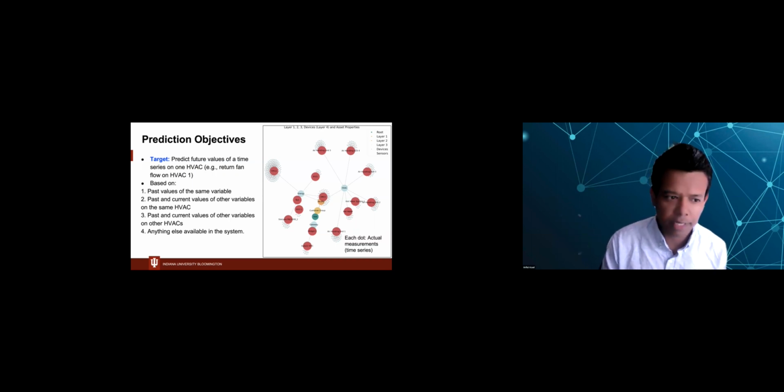And we're predicting this based on past values of the same time series, past and current values of other time series, other variables in the same HVAC or same device, and also past and current values of other time series on other HVACs, other units in different parts of the system. So just to repeat what I said, we are predicting future values of a given time series based on past and current values of many other time series that are spread across the system.